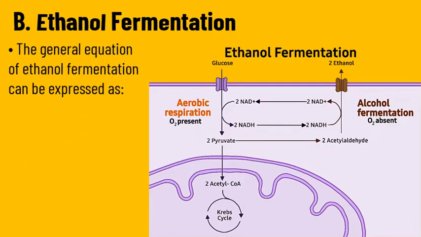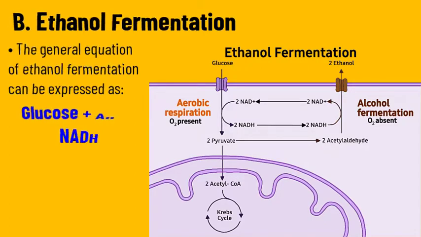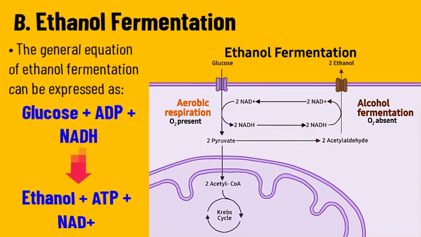So the general equation of ethanol fermentation can be expressed as glucose plus ATP plus NADH, which results into ethanol plus ATP plus NAD plus.